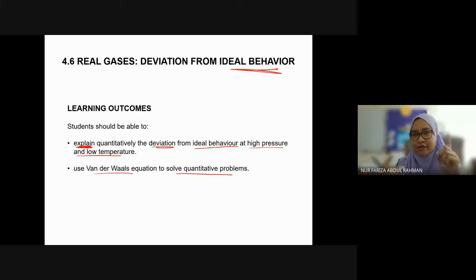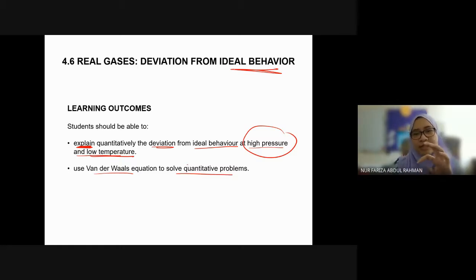So the question now is, when do these real gases start to deviate from ideal behavior? In the learning outcome, it says at high pressure and low temperature. Later we will look into how, at high pressure and low temperature, the real gas deviates from the ideal behavior.